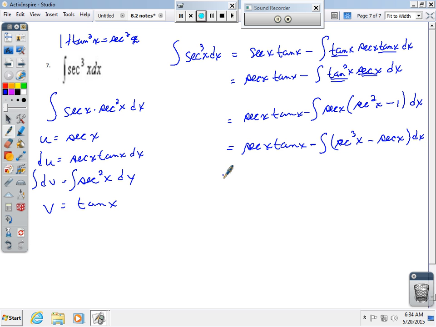All right, I'm going to break those apart. Secant x tangent x minus the quantity, the integral of secant cubed x dx minus the integral of secant x dx.